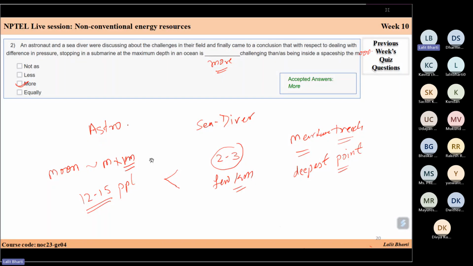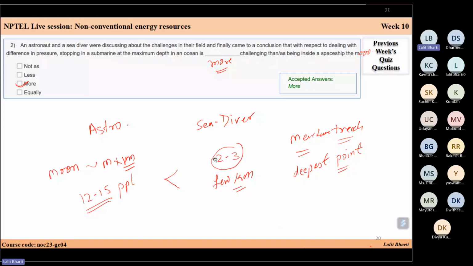Another example is that so many people have gone to the moon, which is quite far away from the Earth's surface. Let's say 12 to 15 people have gone, but only 2 to 3 divers have gone to a few kilometers depth. That is a very significant number.